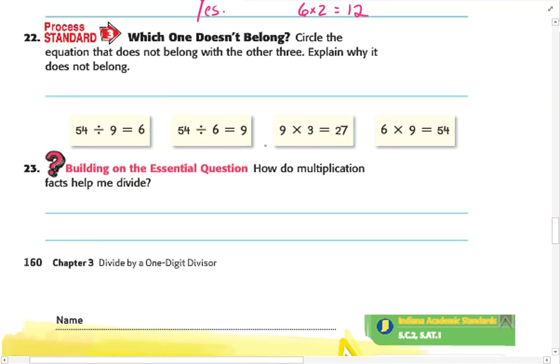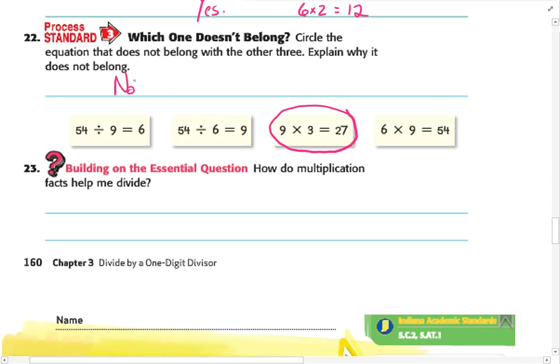And then circle the equation that does not belong with the other 3. Explain why it doesn't. So if I look at 54 divided by 9 is 6, well, that's true. 54 divided by 6 equals 9. That's true. 9 times 3 is 27. That's true. And 6 times 9 equals 54. Well, that's all true, right? However, 9 times 3 equals 27.